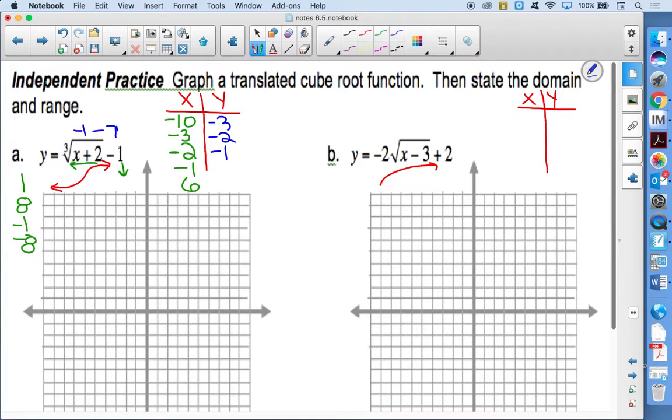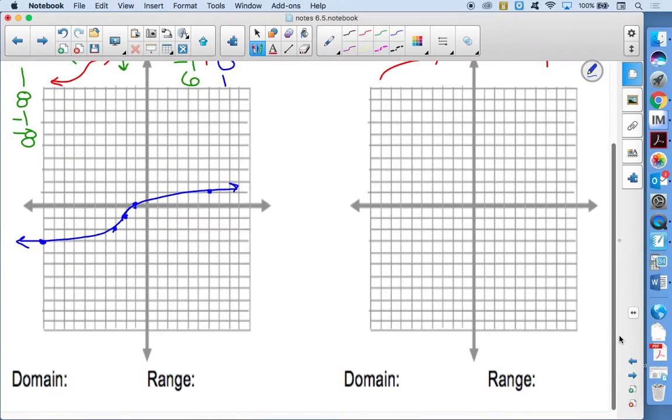And then a -1, and then when we plug in a -1, is that a 0? And then when you plug in a 6, you get a +1. So when we graph this, we have -10, -3, -3, -2, -1, 0, and then 6 and 1. So it's like a stretched out S. Domain and range. Every cube root graph has a domain and range of -infinity to +infinity.